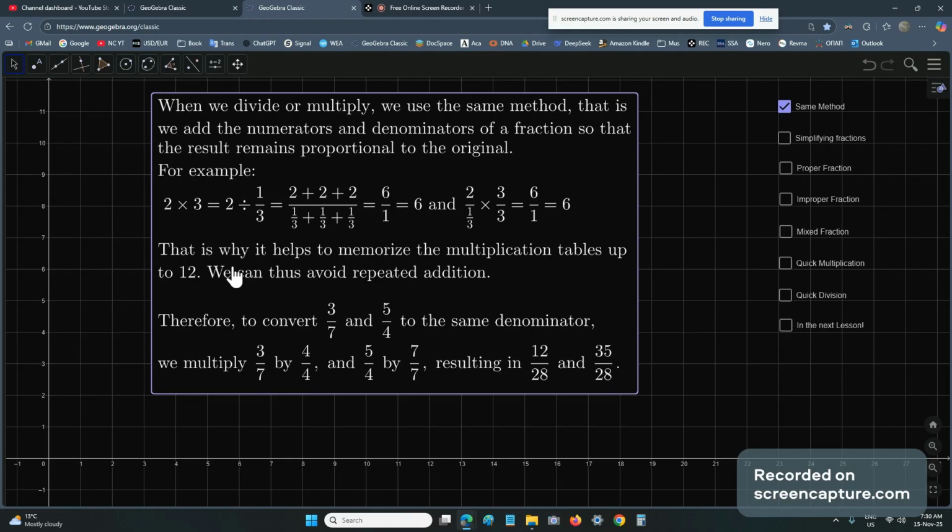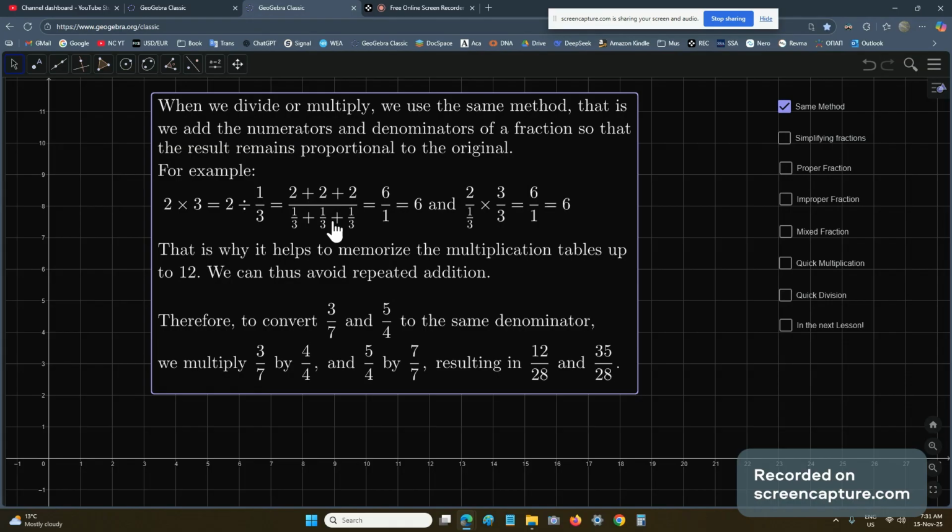And this is really why it helps to memorize the multiplication tables up to 12 so that we can avoid this repeated addition of book 5 and proposition 12. Or subtraction. It's addition or subtraction because addition is defined in terms of subtraction. So what I'm telling you here is that learning the tables should come way after the basic theory is established. In other words, you need to know all these things long before you even get to the abstract unit.